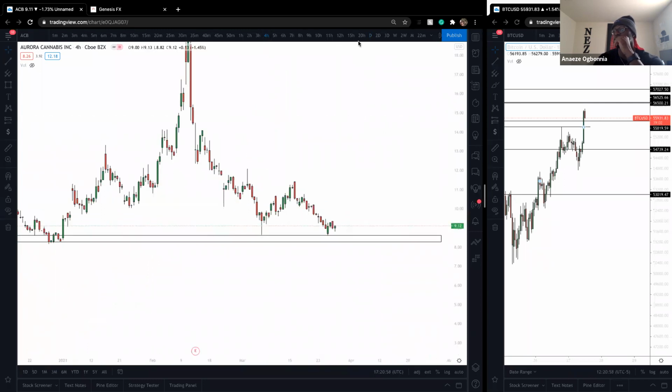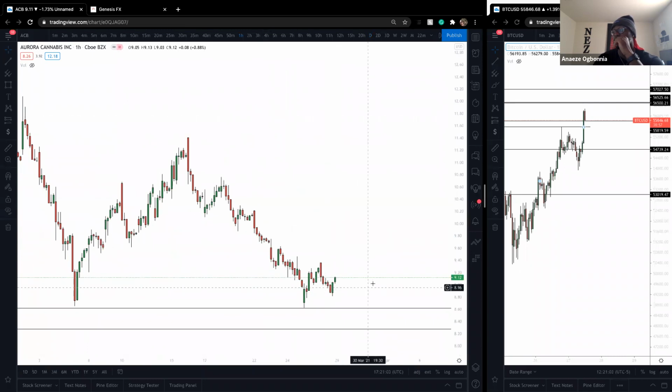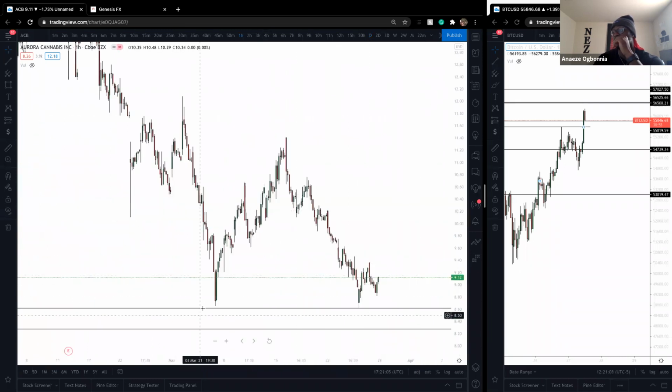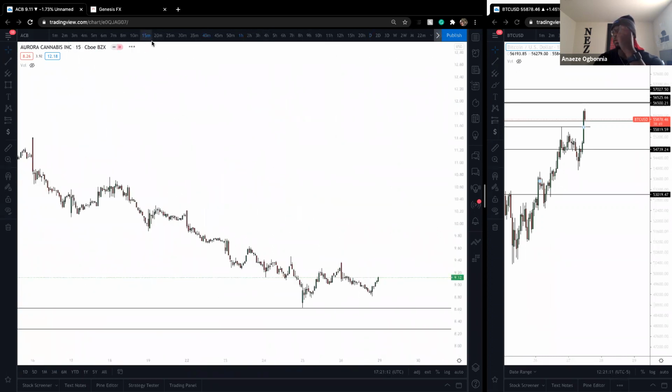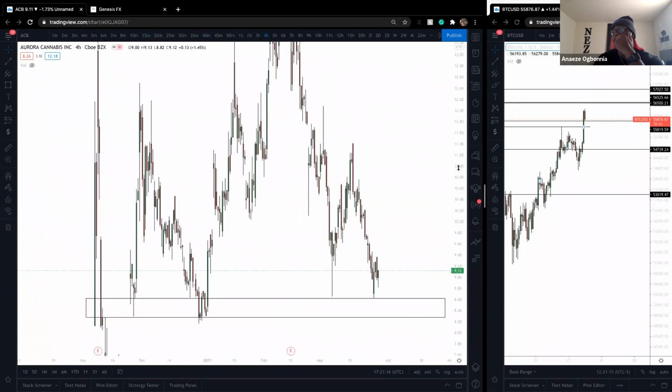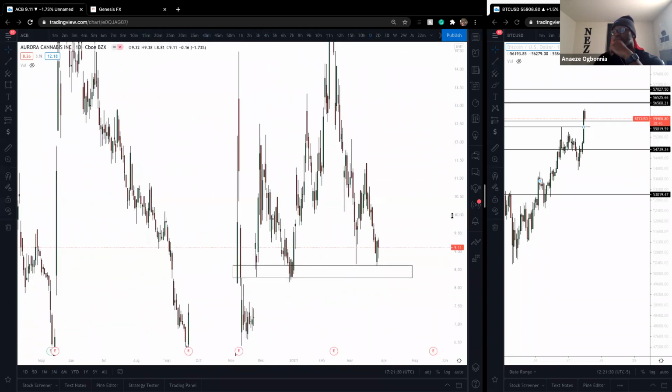Let me see if there is any other indication for. I don't have any signs for a bullish schematic right now, but I do know that New York just legalized weed, so we can probably see a push up to the upside.